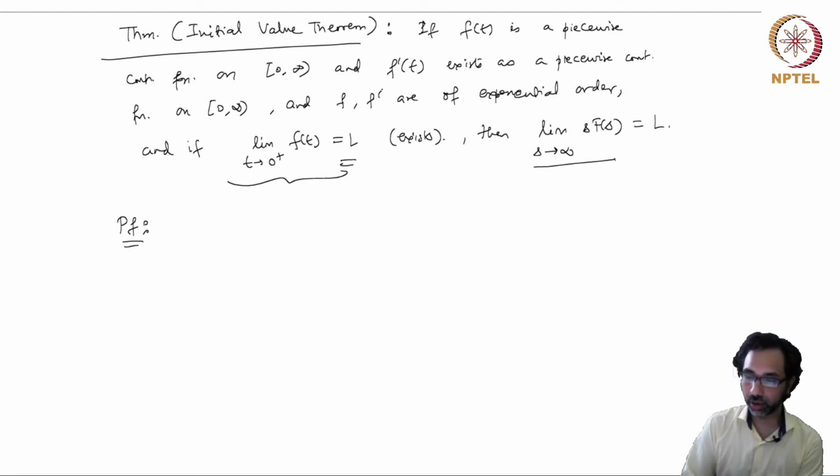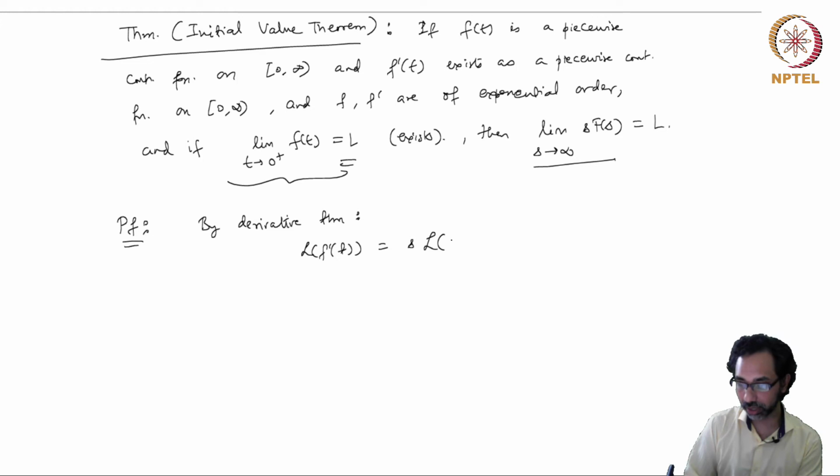So all our assumptions are made to be applicable for the derivative theorem. So by the derivative theorem we have that the Laplace transform of f prime(t) is equal to s times the Laplace transform of f(t) minus the limit as t tends to 0 plus of f(t).